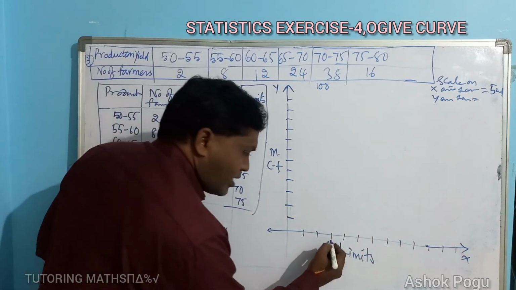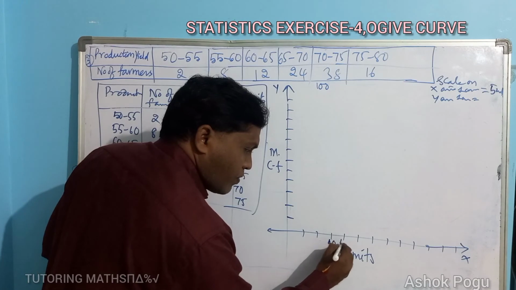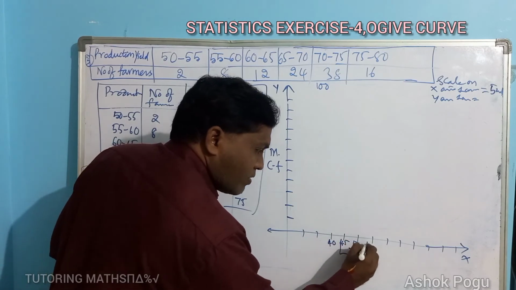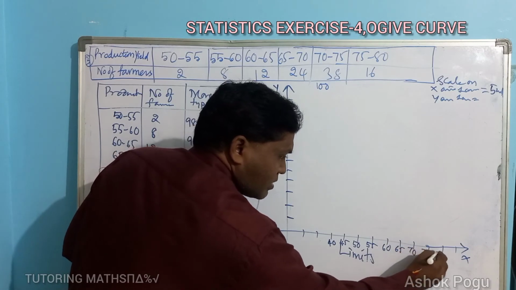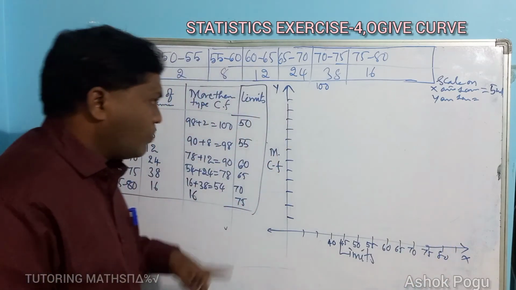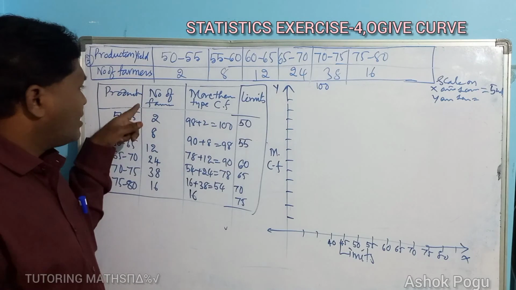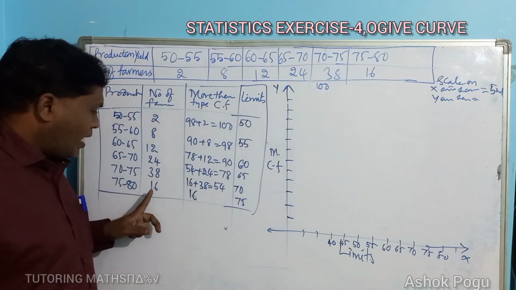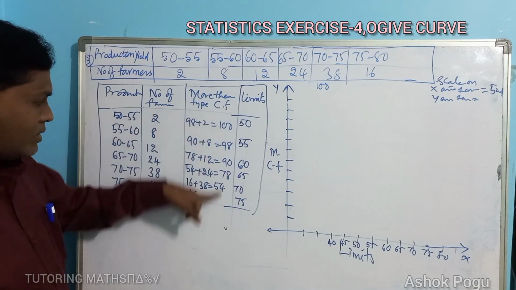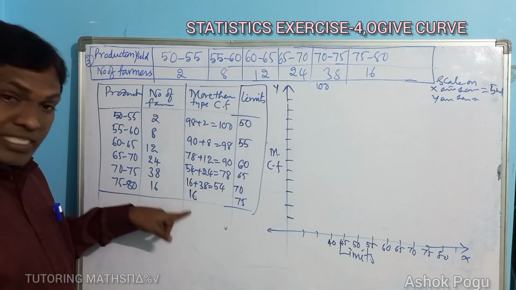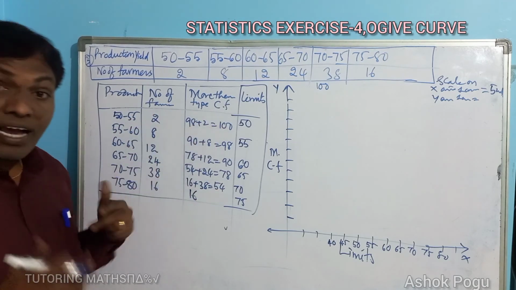So directly you start from here 40, 45, 50, 55, 60, 65, 70, 75, 80. It's enough. And coming to y axis, the smallest value is 16 and the highest value is 100.